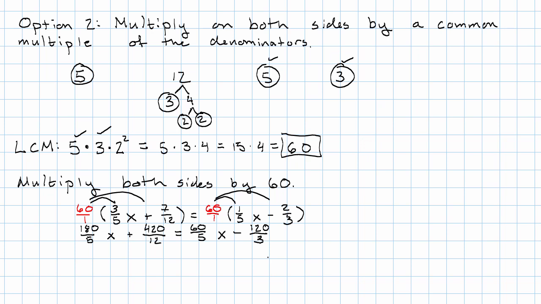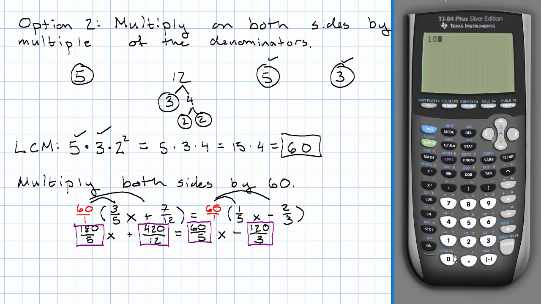Why is that better? For each of these numbers now, I can do division, and I will get a whole number. So in other words, 180 divided by 5 is 36. So I'll have 36x. 420 divided by 12 is 35.